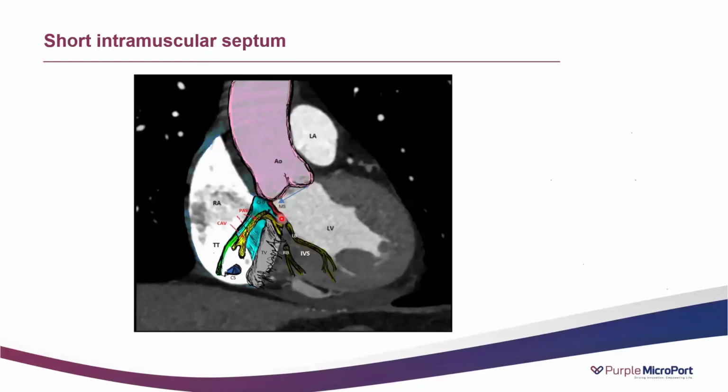You can see this septum here, this red one. This is exactly between the right coronary and the non-coronary cusp. So this is your target line. If you go below this target line, you have the bundle branches, the right bundle and the left bundle branch of the conduction system. Once your valve goes deep, you may hamper one of these bundles, and the circuit becomes disturbed, and you need a pacemaker, because that electrical impulse gets hampered. Just below this muscular septum, you have your bundle branches. So you can cause a right or left bundle branch block.